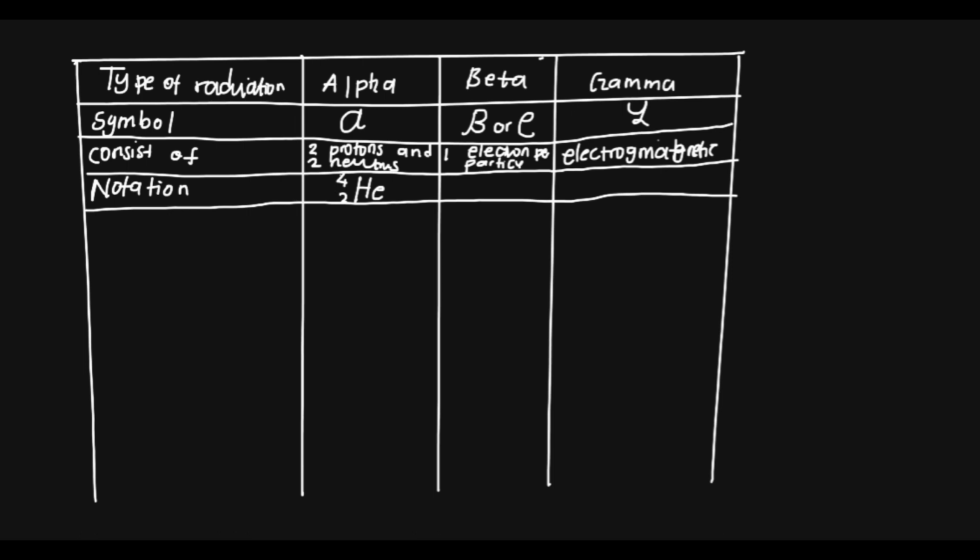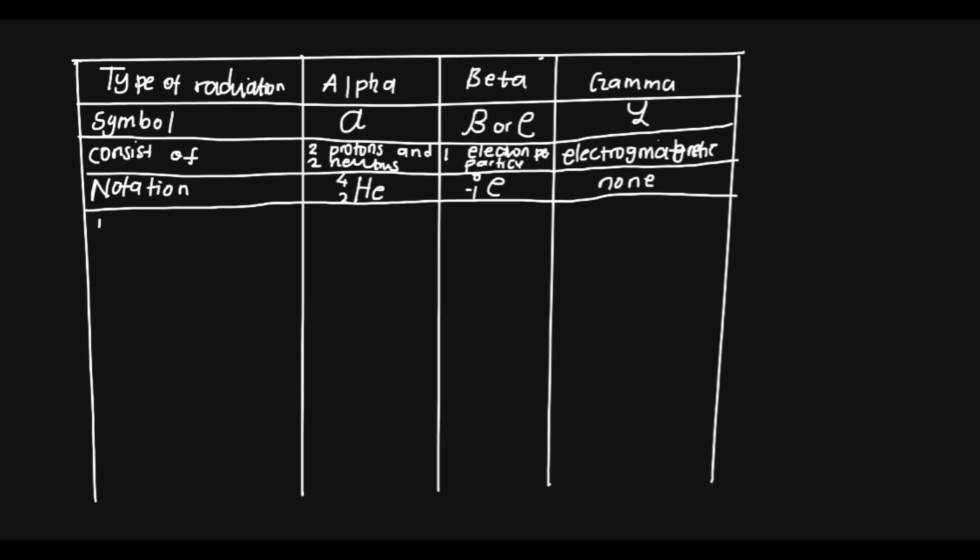So I'll explain what these two numbers mean. Now the mass number comes from just adding the number of protons and the number of neutrons. Then beta has a notation of e, 0, -1. Then for gamma, there is none, since it is just a wave.